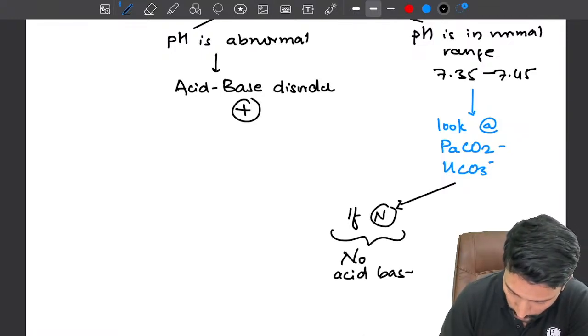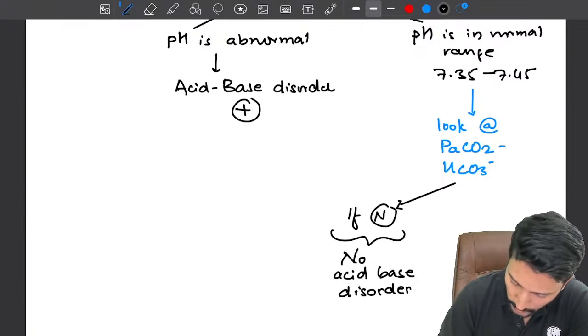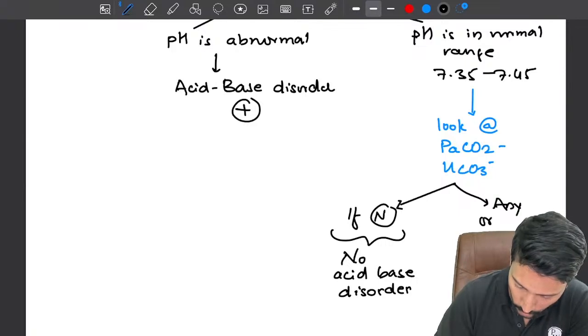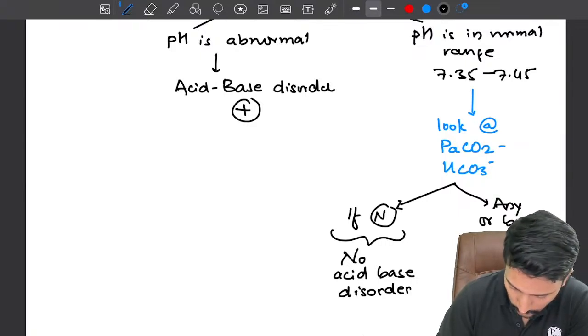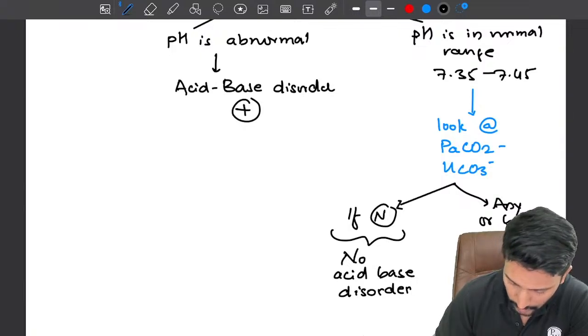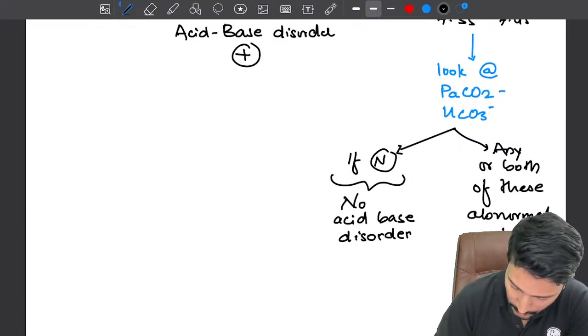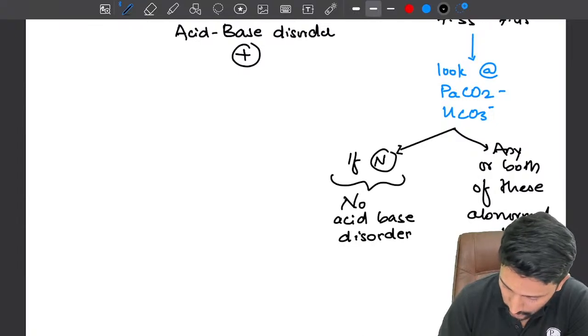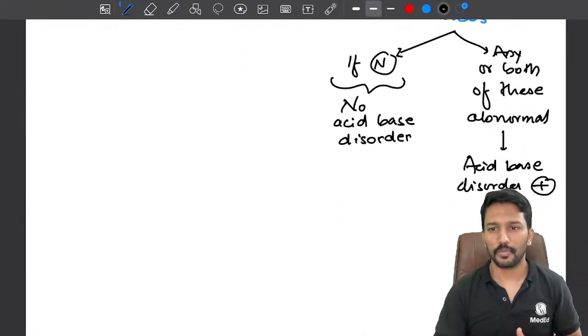So pH normal, bicarb normal, PaCO2 normal, then there is no acid-base disorder. But if any or both of these are abnormal, that means there is an acid-base disorder present.